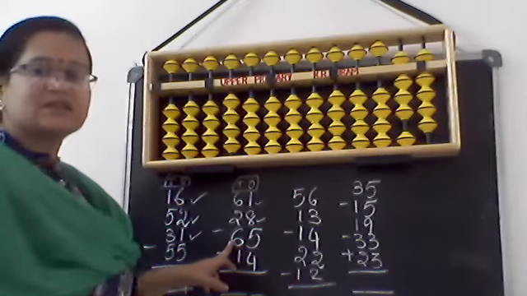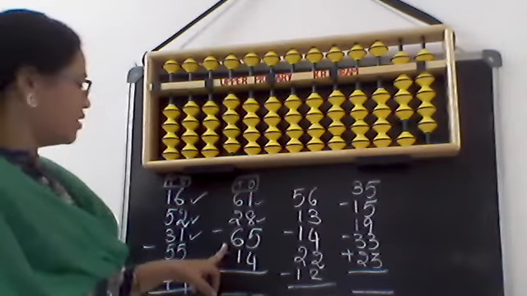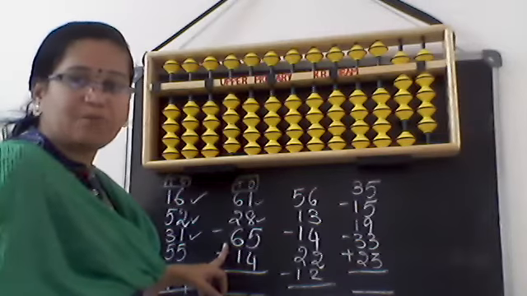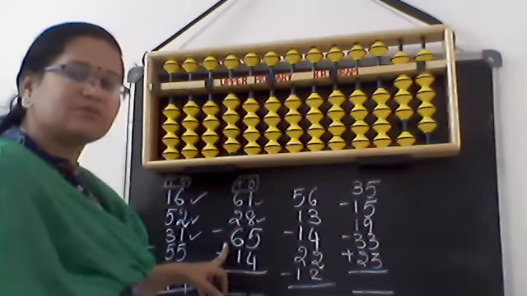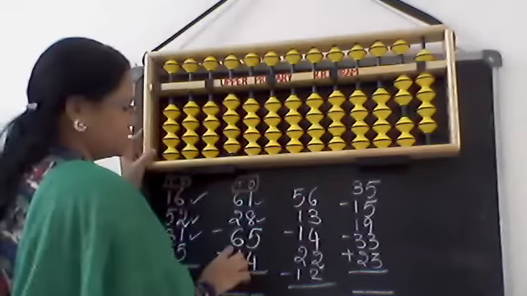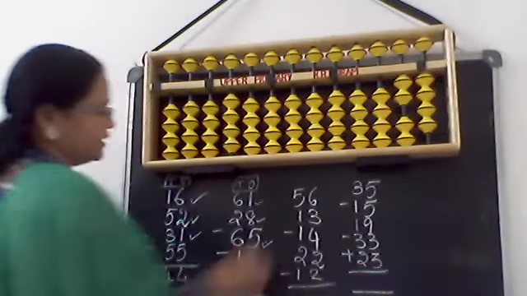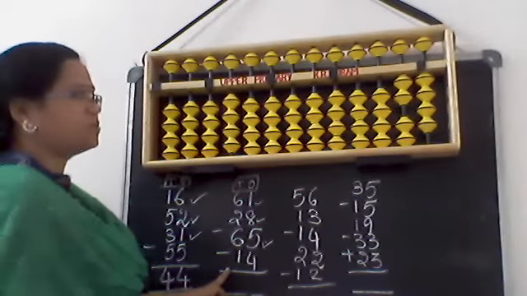Now I should less 65. I have to subtract 65. When I say less, it may sound like plus, so I will use minus. So minus 65. I have to remove 6, 50, 60. I finished with 60. Now 5. Take 5 away from the answer bar. So I finished subtracting 65. Again I have to subtract 14.